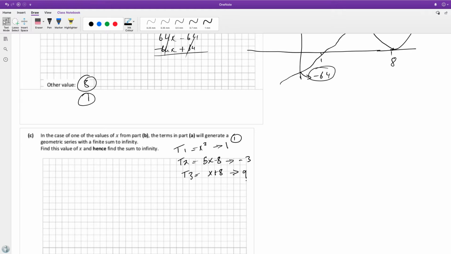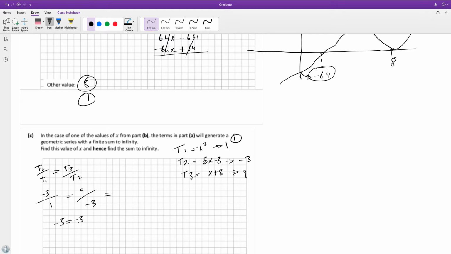I don't know. Can I check it? If you want to check if something's geometric, what do we got to do? We've got to show T2 over T1 is equal to T3 over T2. Minus 3 over 1, is it equal to T3, which is 9 over minus 3?